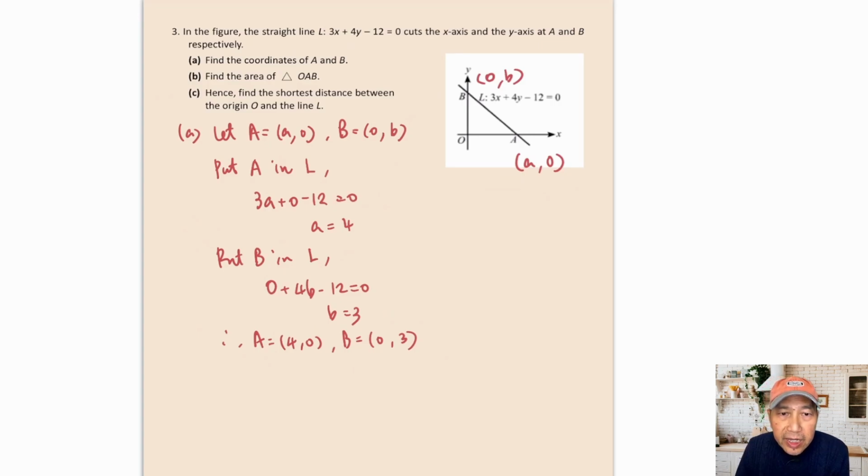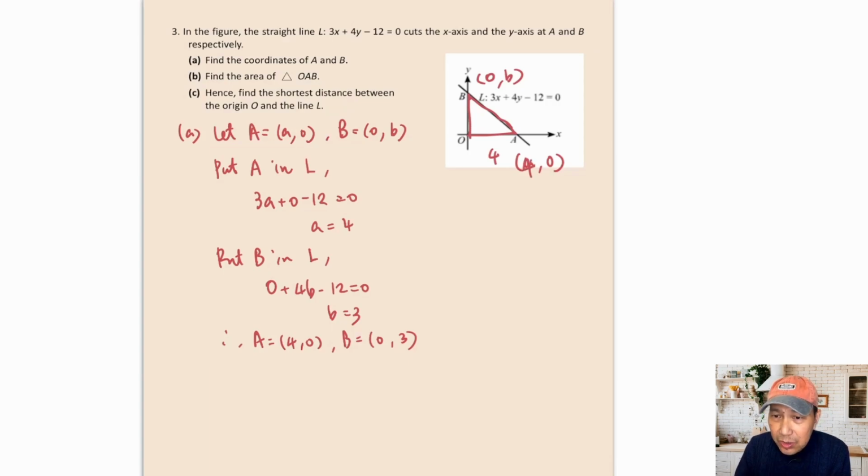Okay, in part B, find the area of triangle OAB. Triangle OAB is this triangle. This triangle is a right angle triangle. We know that the base is equal to 4 because the coordinates of A are 4, 0.